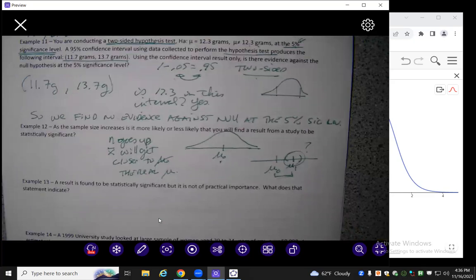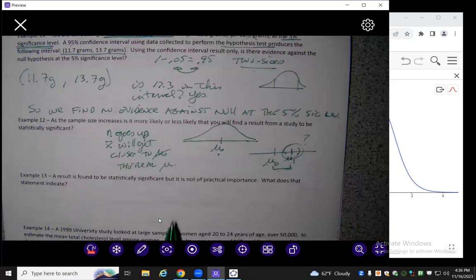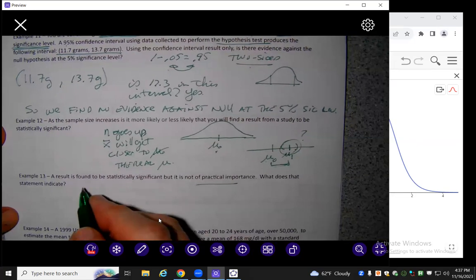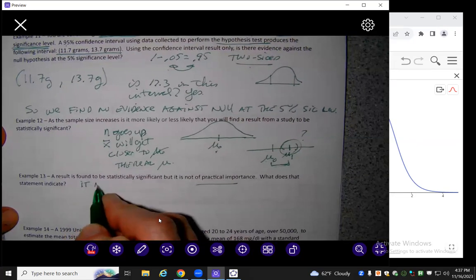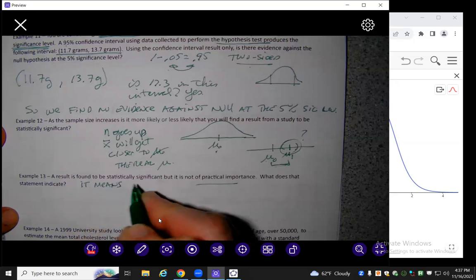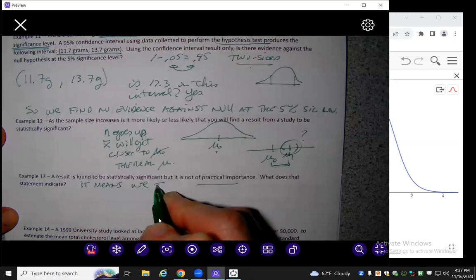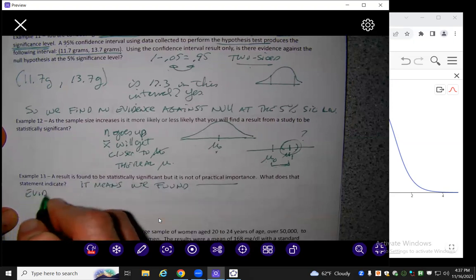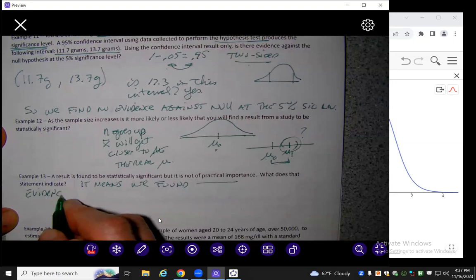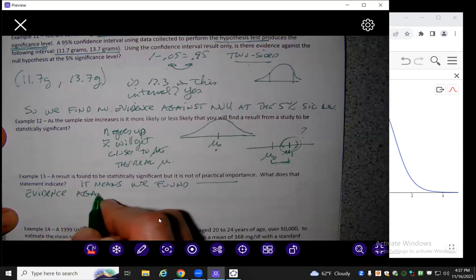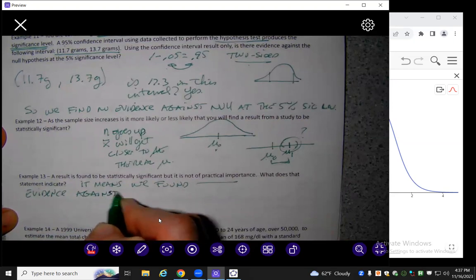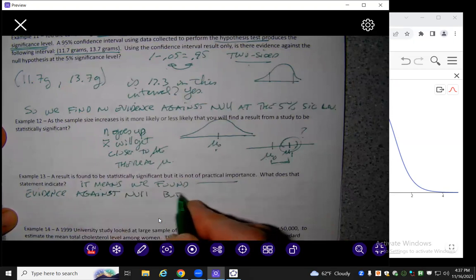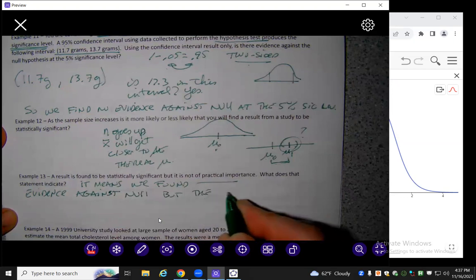All right. A result is found to be statistically significant, but it is of no practical importance. What does that statement indicate? Again, it means we found evidence against the null, but the difference, and there are different ways of stating this.